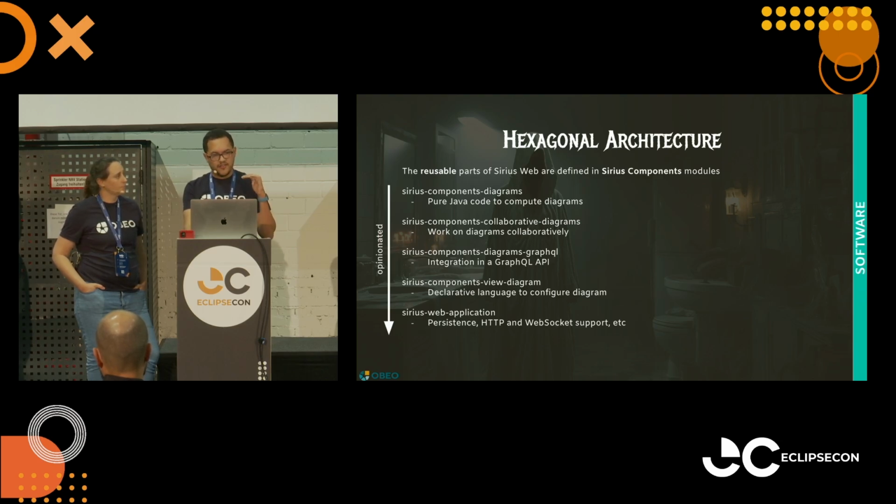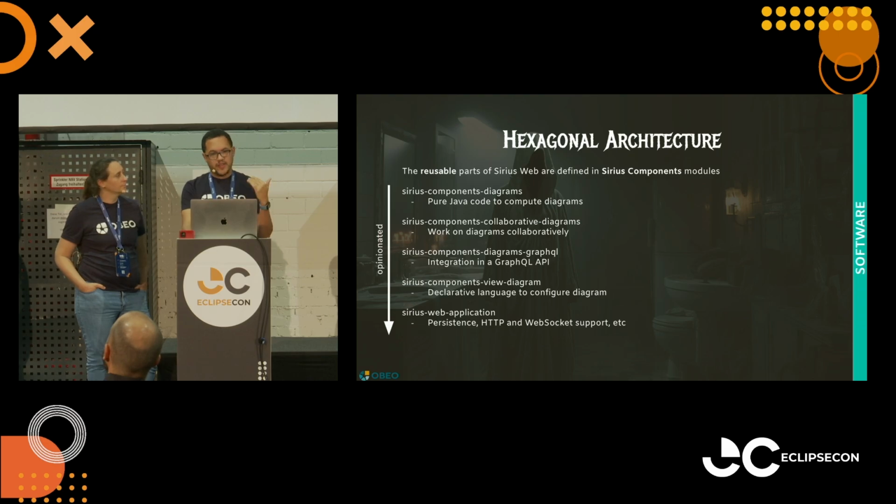So if we take the diagram, we have first the part which is fully reusable without any dependency whatsoever. Then the module to bring the support for the life cycle of the diagrams inside of our collaborative system. Then we have the GraphQL controller that can expose the dedicated diagram API without any network dependency.